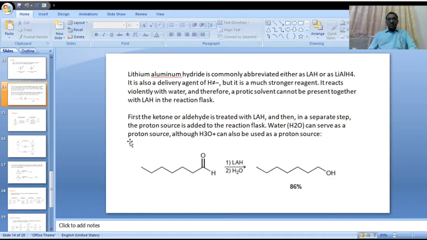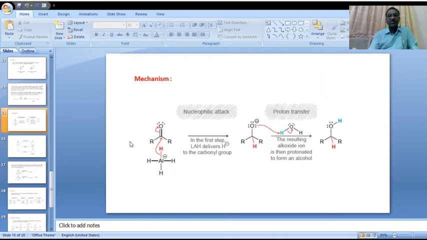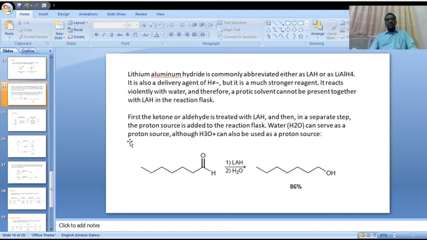In the presence of this LAH, how the reaction takes place, we'll discuss with one example. Lithium aluminum hydride is commonly abbreviated as LAH, or lithium aluminum tetrahydride. This is the formula.